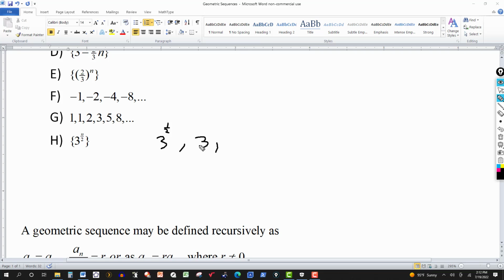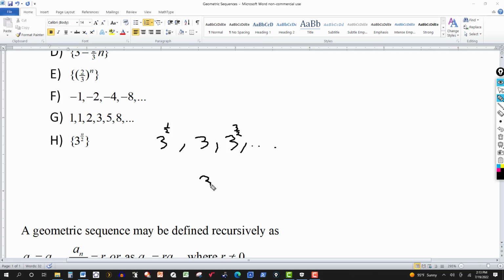Put a 3 where the n is, and I get 3 to the 3/2. And then with 3 terms, we could go ahead and test it out. If I subtract consecutive terms, 3 subtract 3 to the 1/2 is not the same thing as 3 to the 3/2 minus 3. So it's not arithmetic.